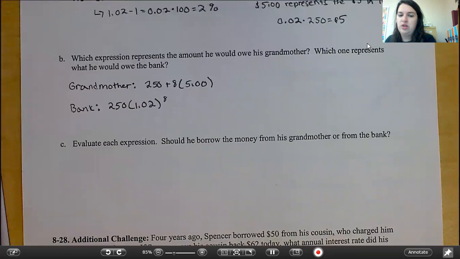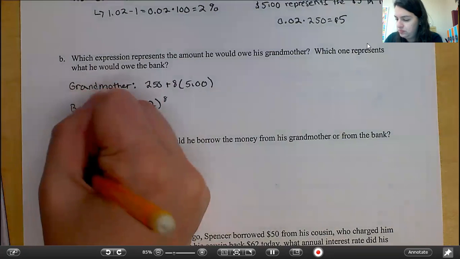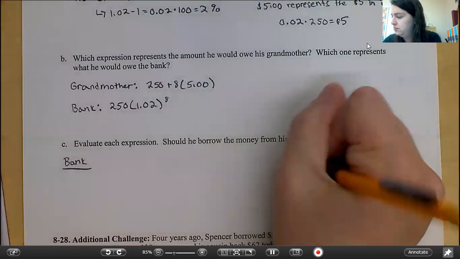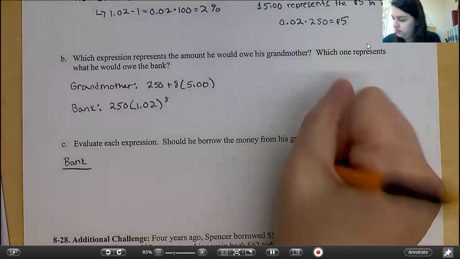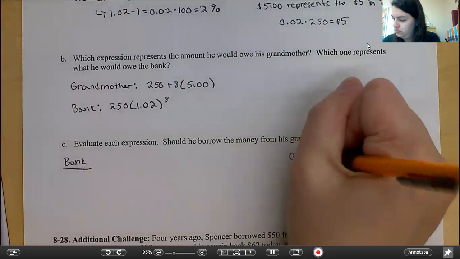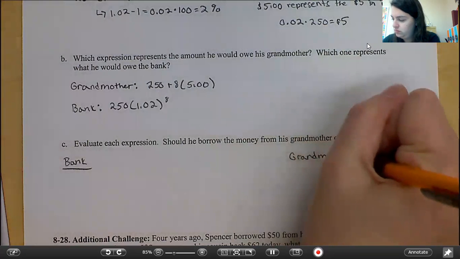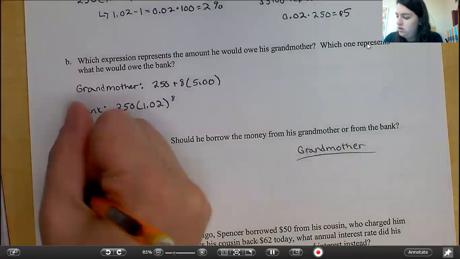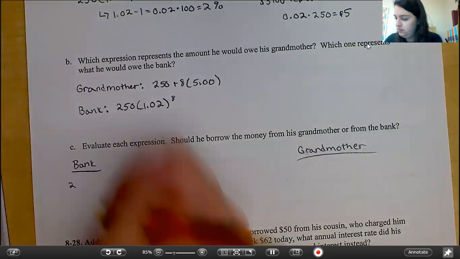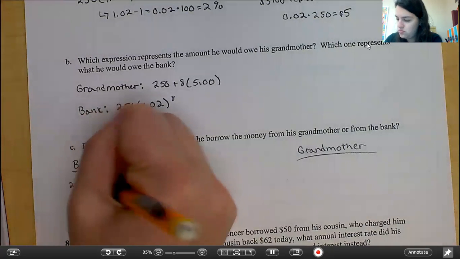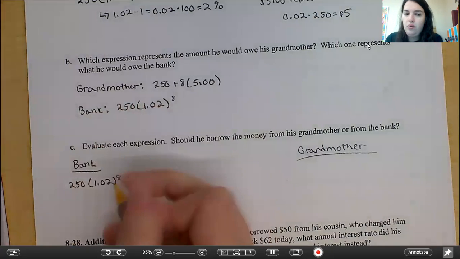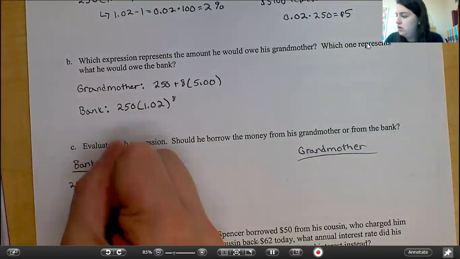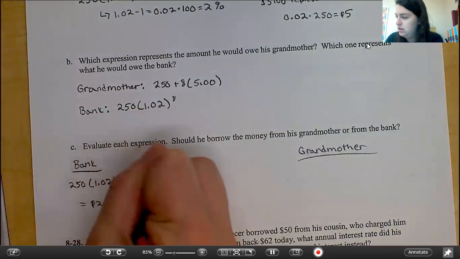C. Evaluate each expression. Should he borrow from his grandmother or from the bank? So go ahead and try that. So from the bank, when you put that into your calculator, you would get $292.91.